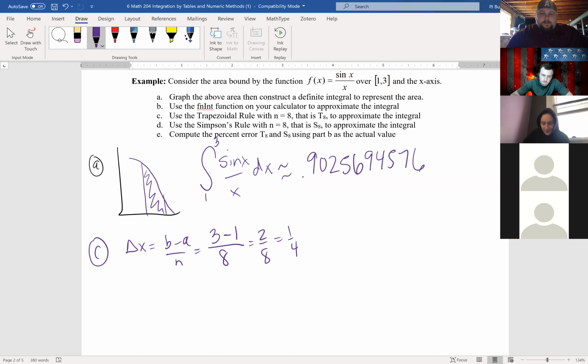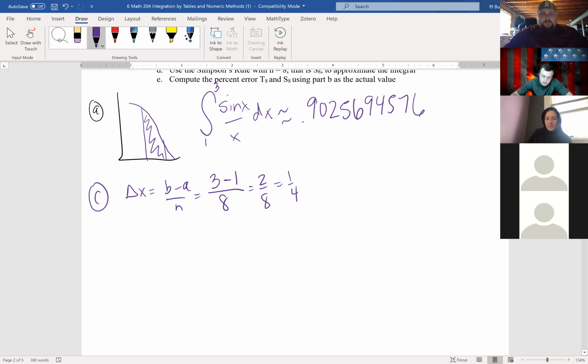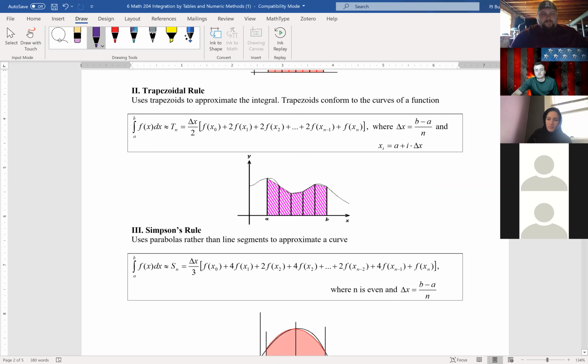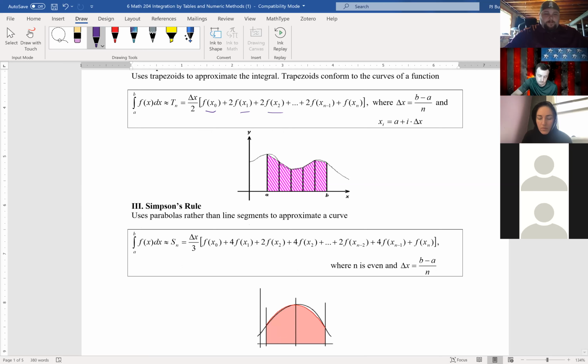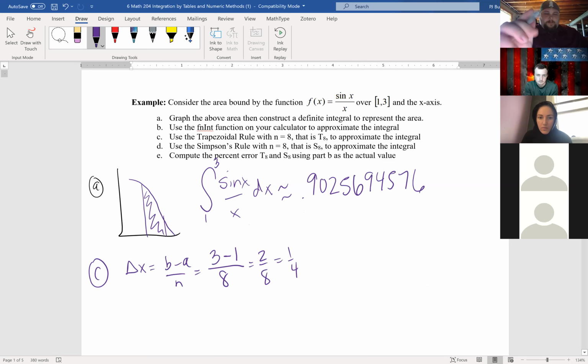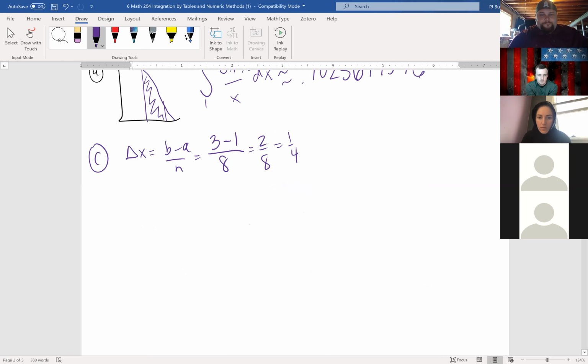Then we can go ahead and find the endpoints, right? Those values up here of x0, x1, x2. We need to calculate those. Well, the first endpoint is 1, right?